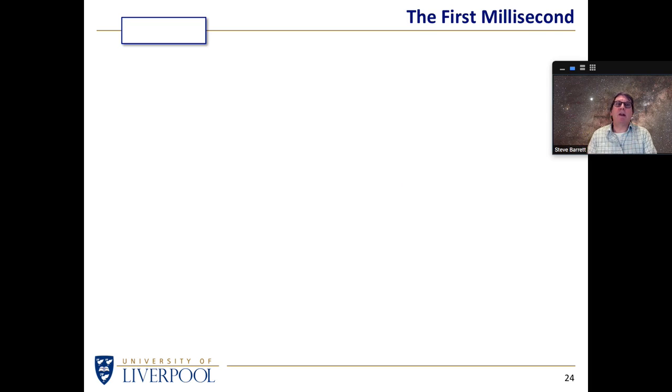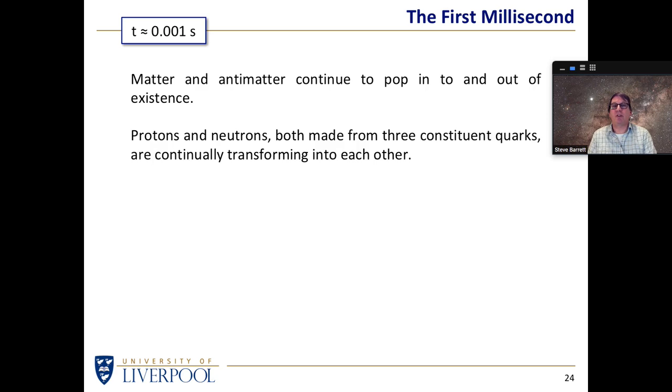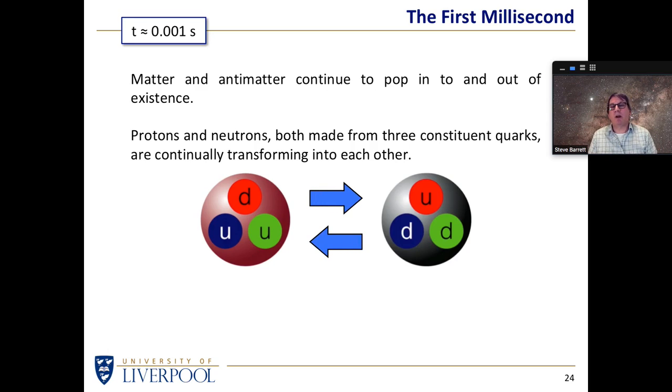Let's move forward a little further in time. Now we've gone to 1 millisecond, 1,000th of a second after the Big Bang. Matter and antimatter are continuing to pop into and out of existence. And now that the universe has cooled a little bit, it's possible for those quarks to get together. So again, I'm not going to turn this into a lecture on particle physics or nuclear physics.